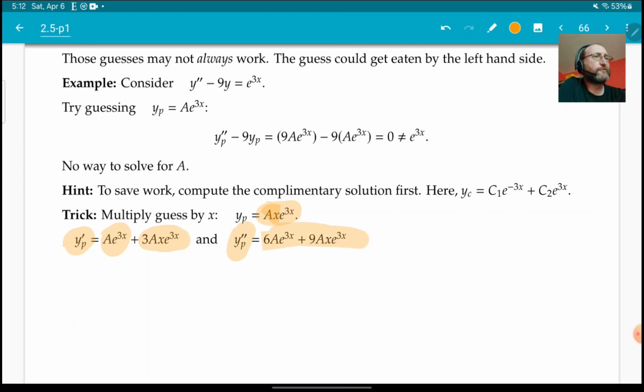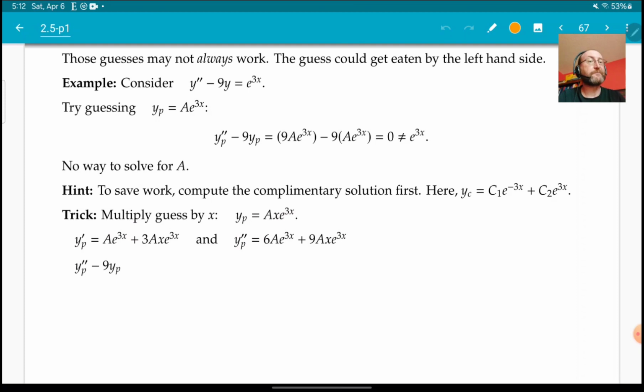It takes a little bit of calculus and algebra, but that's what it is. And you can see that I have more to play with. When I plug that in, of course, I don't want any x e to the 3x on the right-hand side, but hopefully I can make that work.